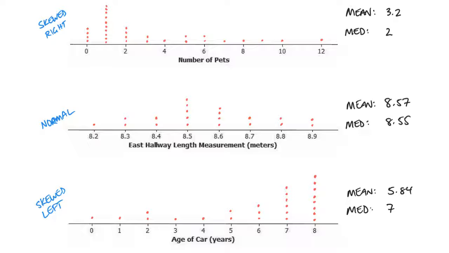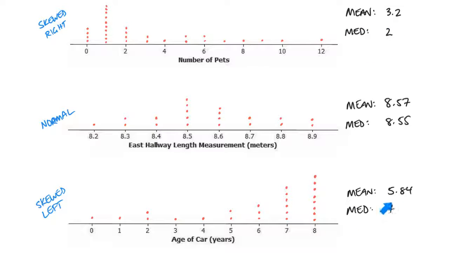Okay, so what does that mean in the end here? Let's wrap this up. What we find is that if our data is skewed, and we want to choose a value that best represents the data, we're going to go with the median.